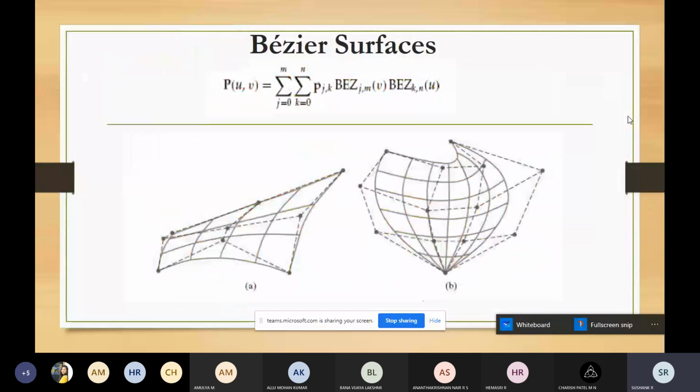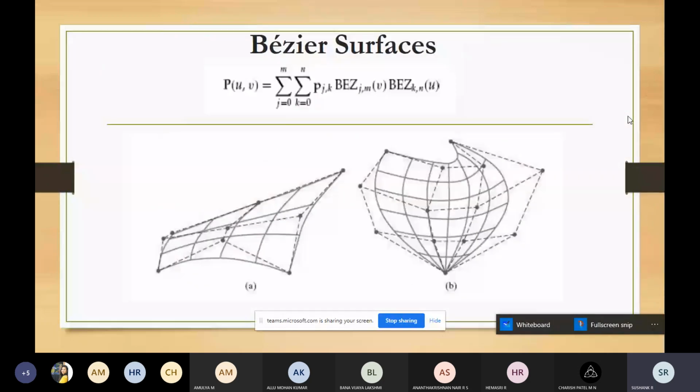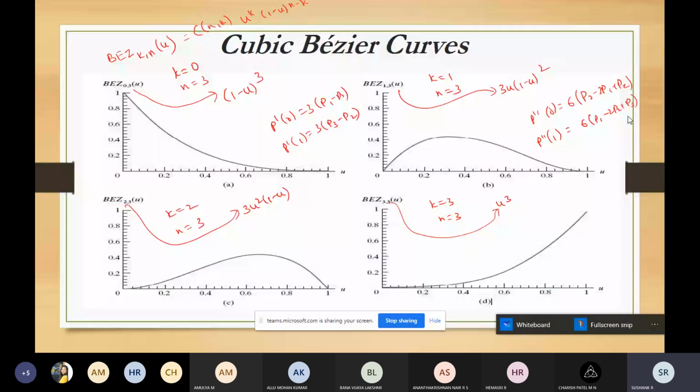We can also have the matrix formulation for this. How is it represented in matrix form?